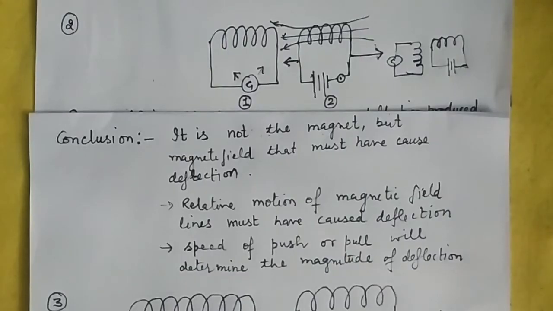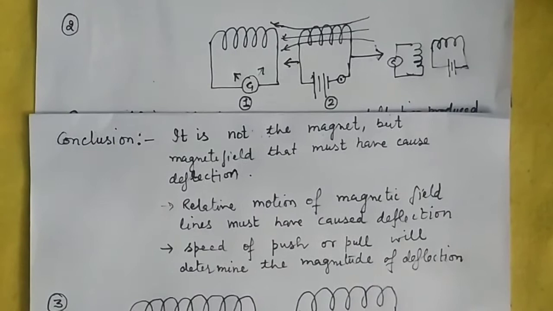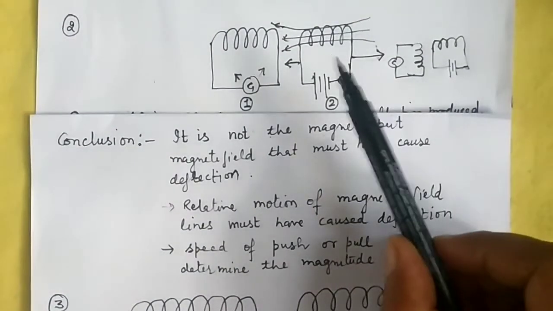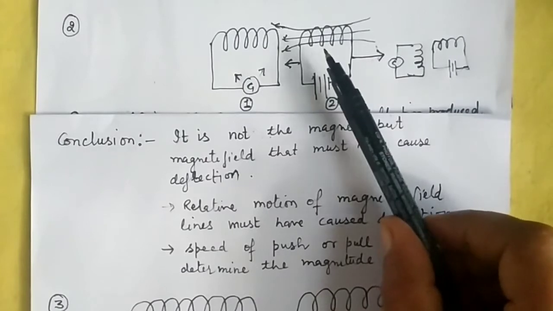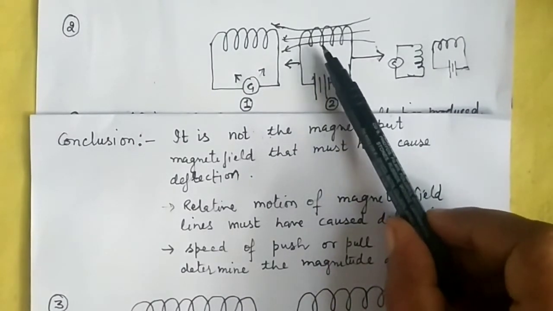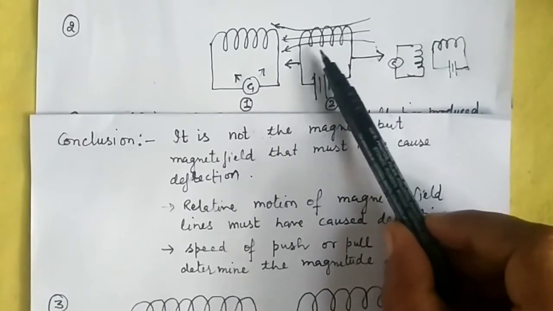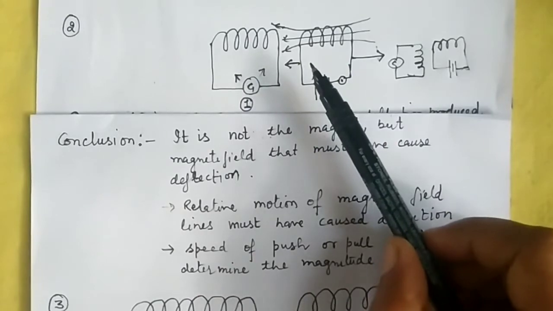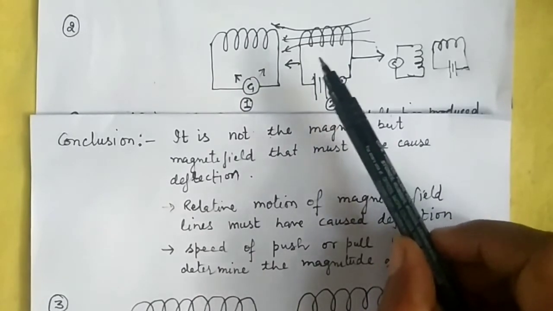So what we conclude from here is that it is not the magnet, but the magnetic field that must have caused the deflection, because instead of a magnet we have used a coil, which is just like a solenoid, and a solenoid produces a magnetic field and magnetic field lines.